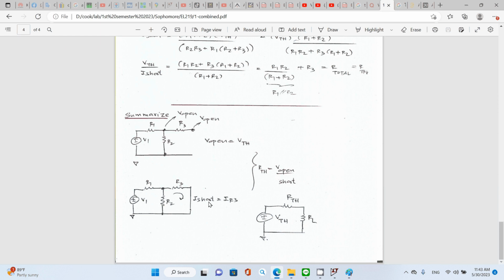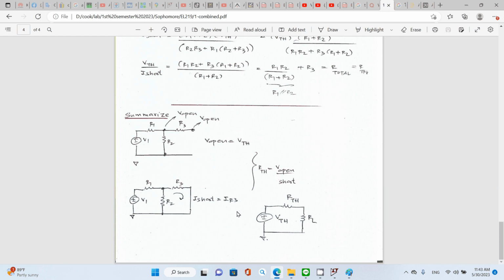And your I short is equal to the current flowing through R3. When you have both V open and I short, you divide V open by I short, and that will give you RTH. That's the Thevenin equivalent circuit.